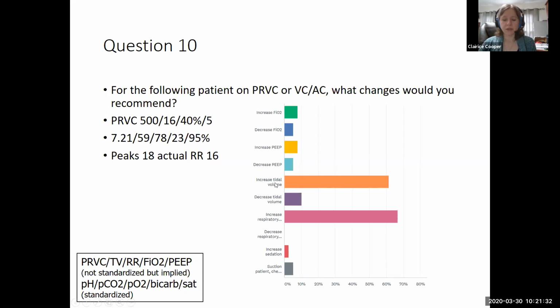Suggestions from the students included increasing tidal volume or increasing respiratory rate. Either of those answers are acceptable. The patient has low peak airway pressures, so there is room to go up on the tidal volume. They're also riding the ventilator, meaning their actual respiratory rate matches the ordered or set rate, and there's plenty of room to go up there.